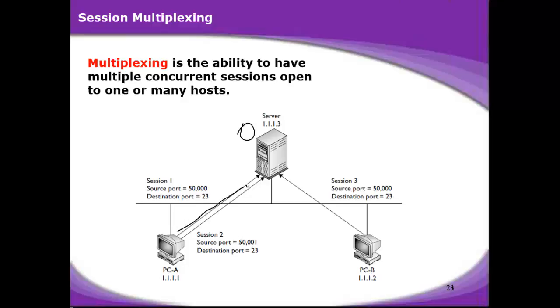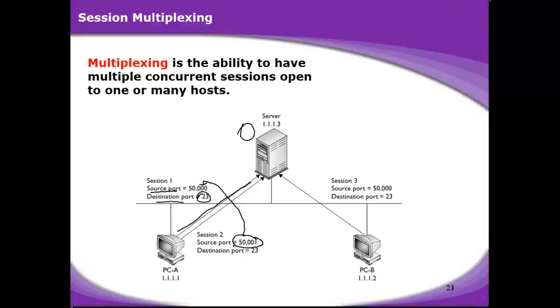You send a request, and this request has a source port dynamically generated as 50,000, and the destination port for telnet is going to be 23. But from the same computer you open up a new session, session 2, and it is going to automatically assign a different port than the previous one.